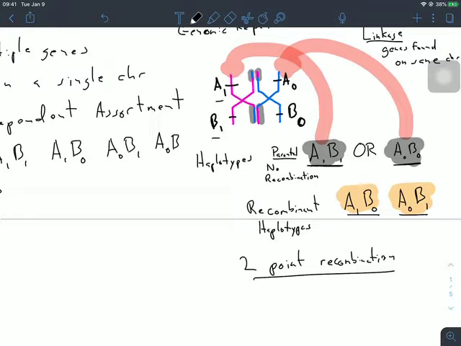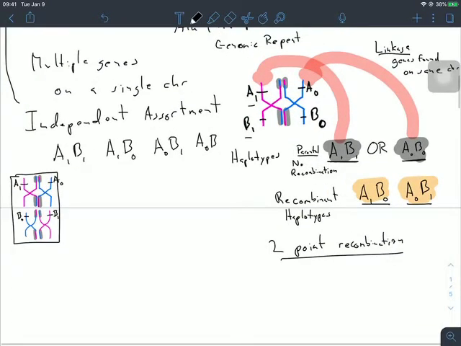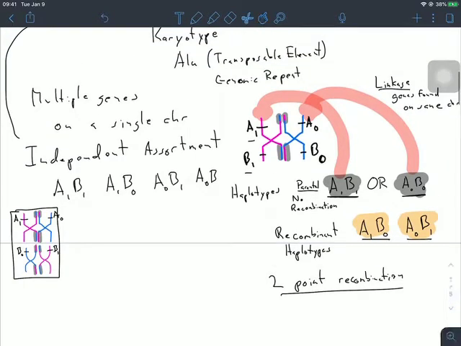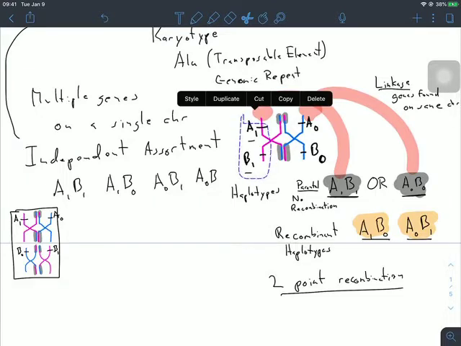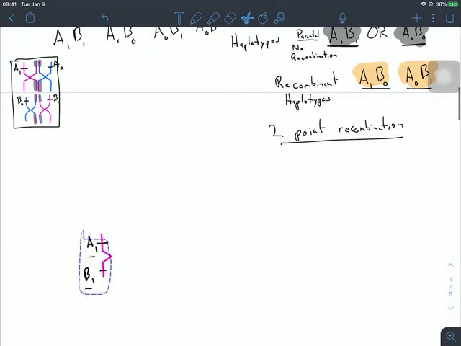Now, why and when do these recombinant and parental haplotypes form? When would you expect to see more parental? When would you expect to see more recombinant? Well, this is where we incorporate math into this problem. With our recombinant types, we need a recombination event to occur between the region of A1 and B1. So let's go ahead and grab this and blow it up a little bit.